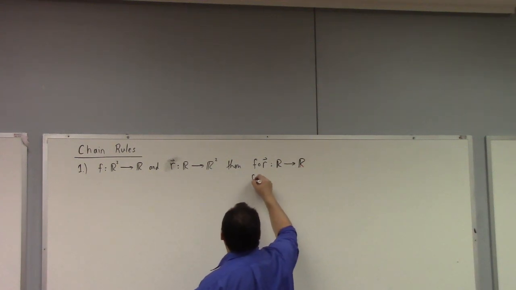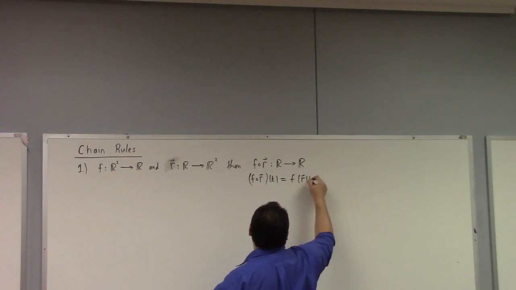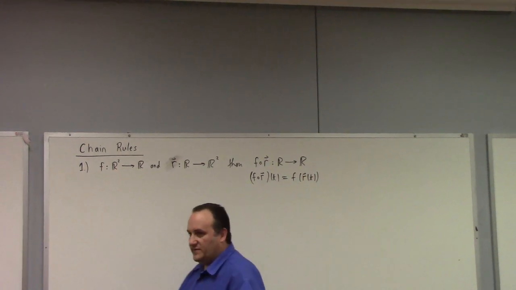The definition is (f∘r)(t) = f(r(t)). This is the composition of maps.